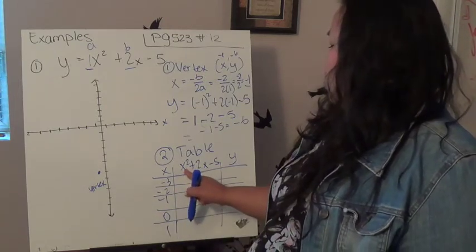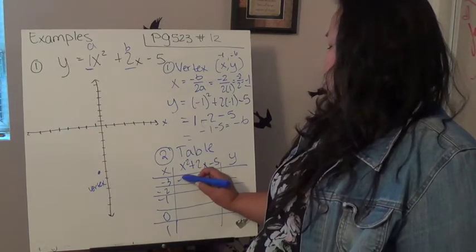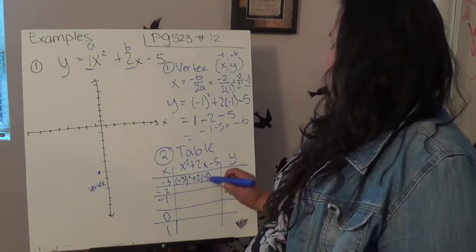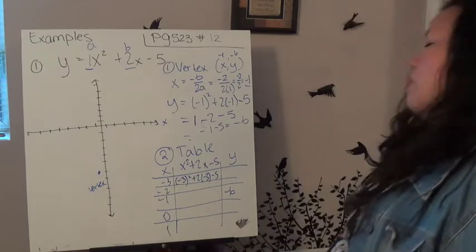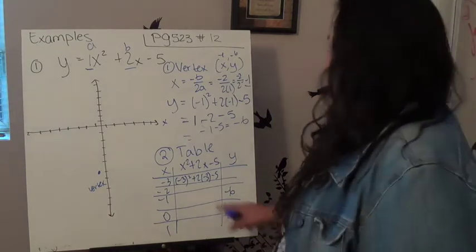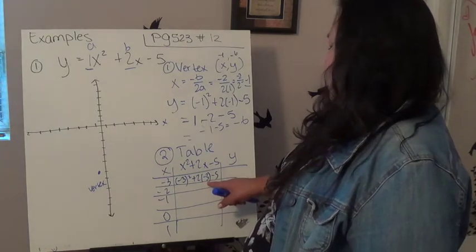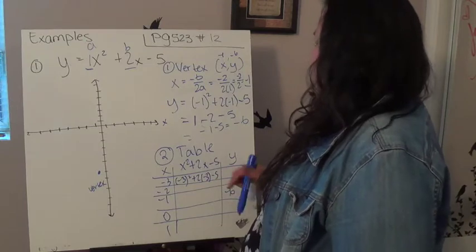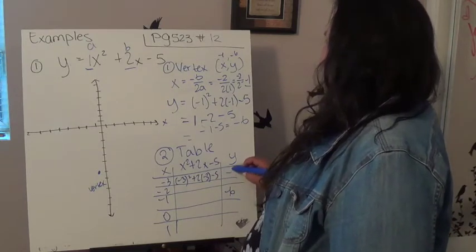So negative 3 squared plus 2 times negative 3 minus 5. Negative 3 squared is 9, plus negative 6. So 9 minus 6 is 3, minus 5 is negative 2.